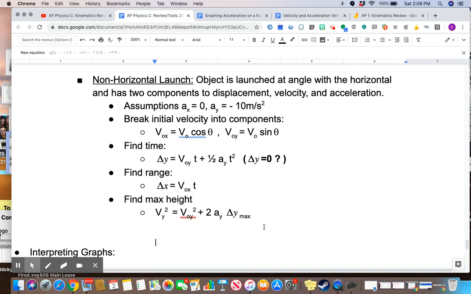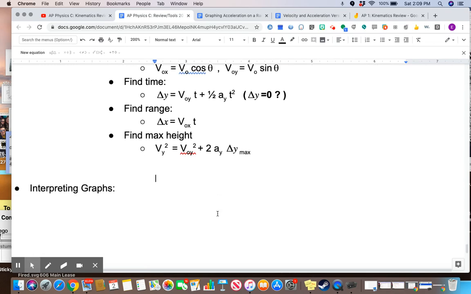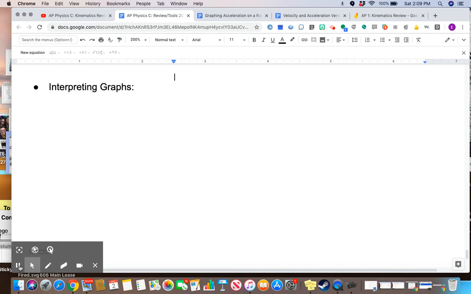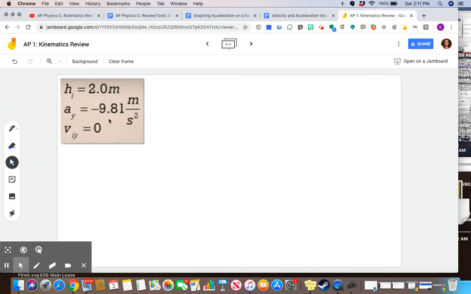Last thing we need to talk about is interpreting graphs. Okay, so graphing constant acceleration. Let's say that we drop a tennis ball from a height of 2 meters. We know the acceleration is negative 9.8 meters per second squared, and that the initial velocity will be 0 because we're dropping it from rest.